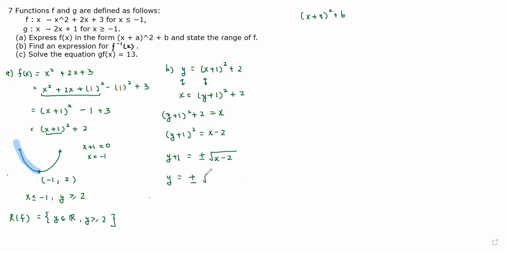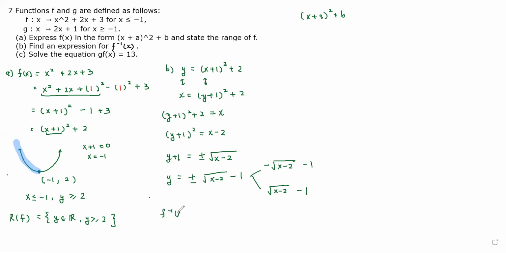We have y = ±√(x - 2) - 1. There are two parts to this: one is negative square root of x - 2 minus 1, and the other one is square root of x - 2 minus 1. So for an inverse function to exist, we have to just pick one of these.